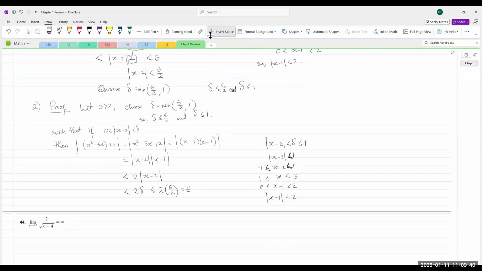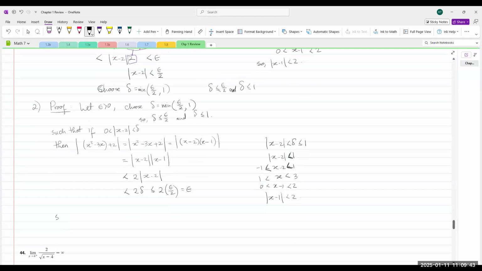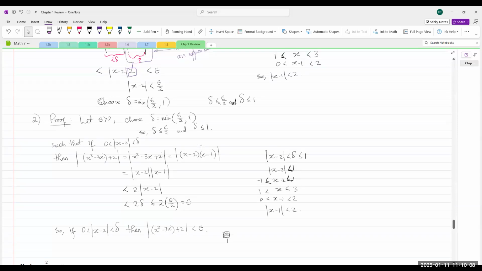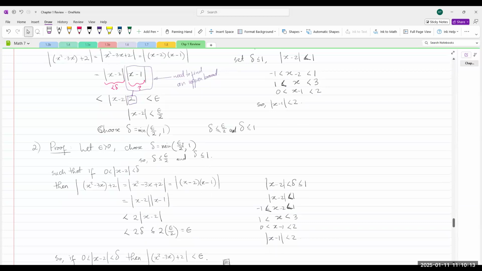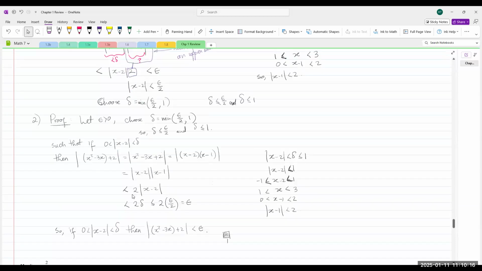So at this point we have already shown that if absolute of x minus 2 is less than delta but not 0, then absolute of x squared minus 3x plus 2 is less than epsilon. Therefore, this completes the proof, where for every epsilon we can find a delta in terms of epsilon, and that delta that we chose actually works.